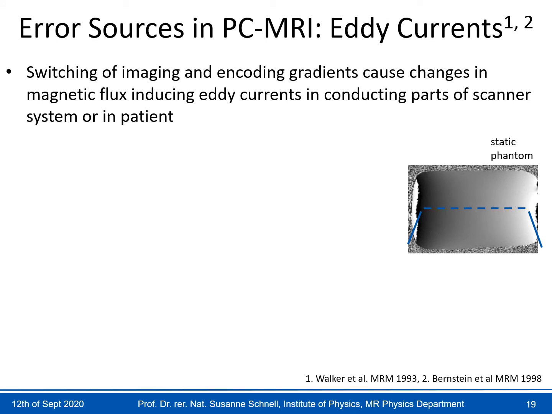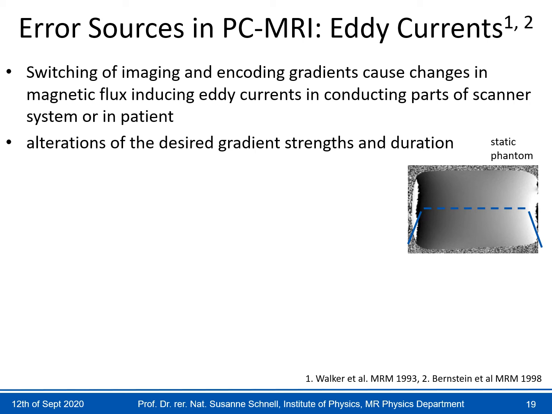Other error sources are, of course, eddy currents. A lot of people in this room know about these errors very well. Eddy currents occur due to switching of imaging and encoding gradients and cause changes in the magnetic flux, inducing eddy currents in conducting parts of the scanner system or in the patient.